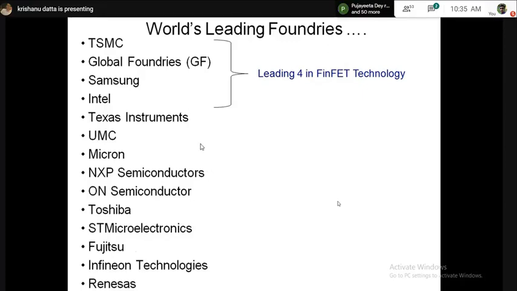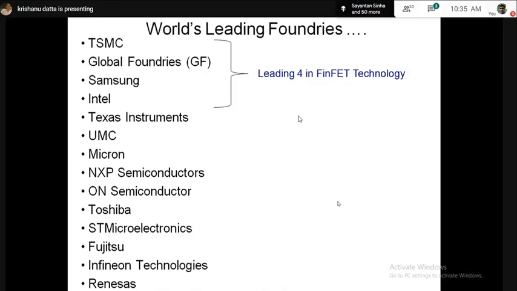So these are the big companies who actually manufacture. Now this number is not big actually. Each multinational probably has 100 to 150 branches or design centers all over the world. In fact, all these companies have branches in Bangalore. Now, the interesting thing is why these manufacturing companies are not that many.